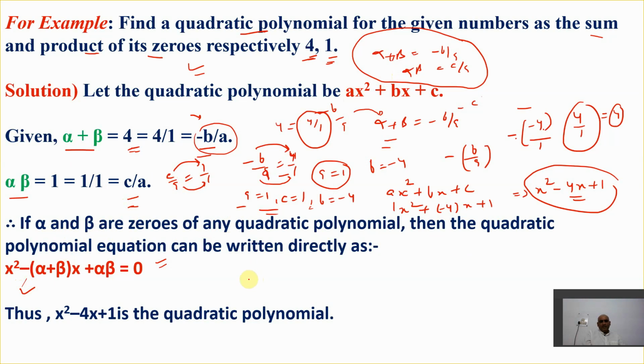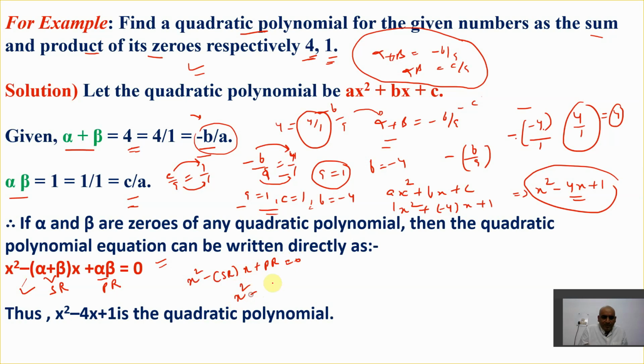That's it. See, alpha plus beta is what? Sum of roots. This is what? Product of roots. You can say product of zeros or product of roots, they are the same thing, right? So actually it is like this: x square minus sum of roots into x plus product of roots is equal to 0.